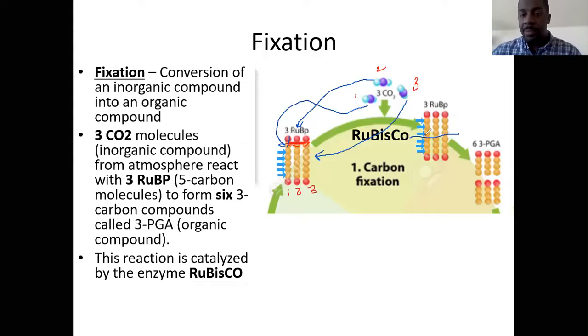So it splits in half, and now we have 1, 2, 3, 4, 5, 6 3-PGA molecules. This whole reaction, this whole carbon fixation step, is catalyzed by an enzyme with a really long, complicated name, but we just abbreviate it to Rubisco. Rubisco is the enzyme that facilitates this entire fixation step from beginning to end. Is this all making sense so far?